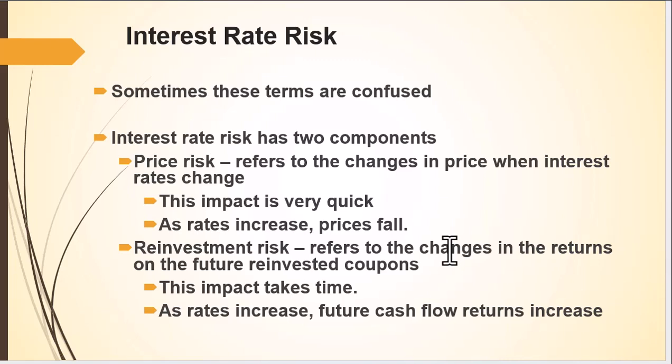As soon as interest rates change, prices change. As rates increase, prices fall. Happens very, very quickly. This is the kind of interest rate risk that we always talk about when you are talking about how interest rates affect bonds. But there is another effect, right?